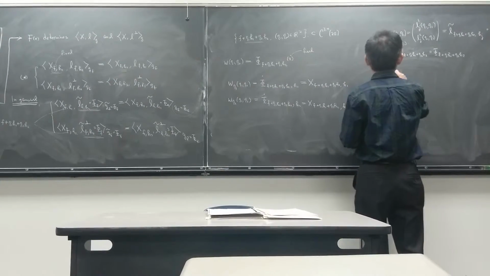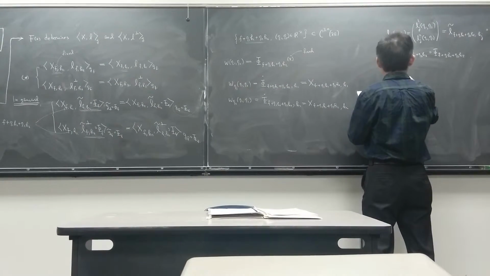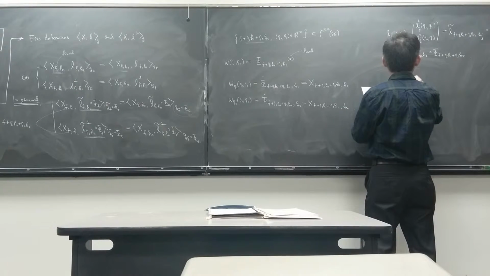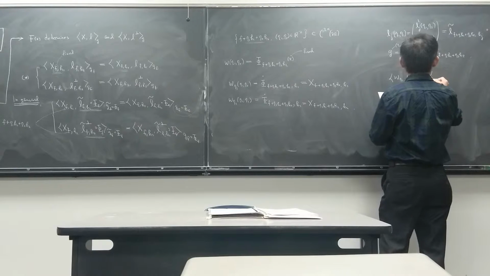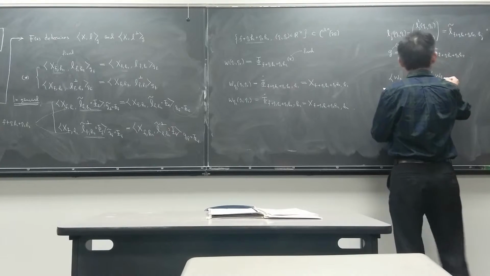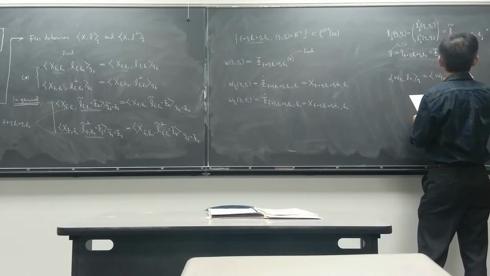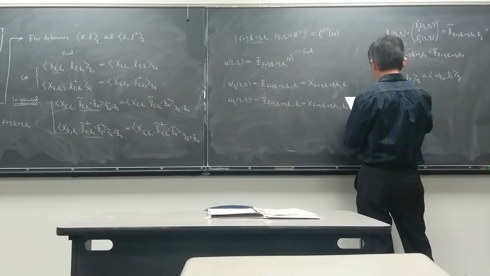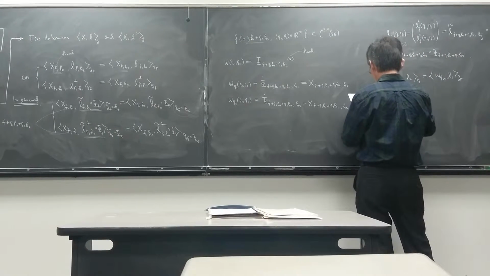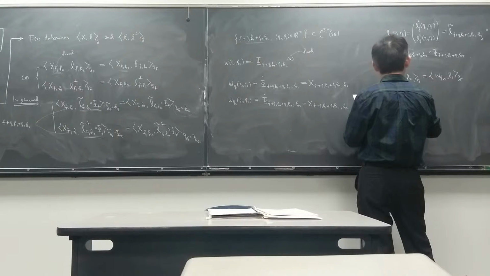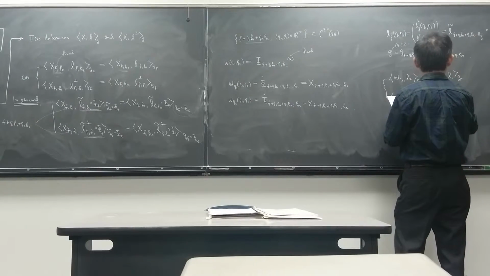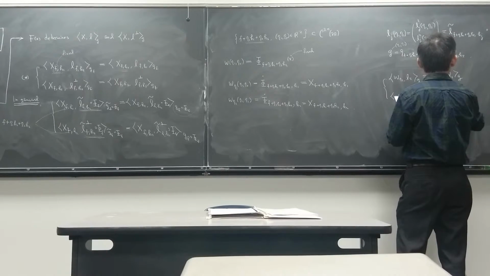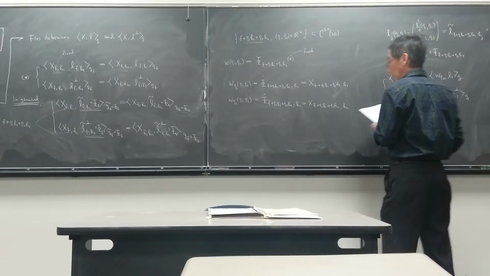Can be written like W eta 1 L2 G equals W eta 2 L1 G. Then here is W eta 1 L2 perpendicular G equals W eta 2 L1 perpendicular. Like this system.